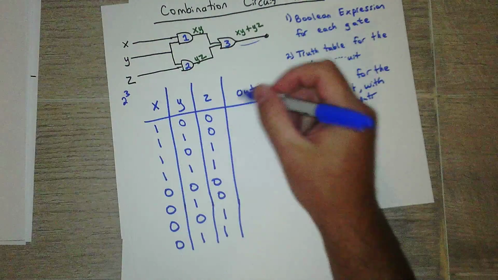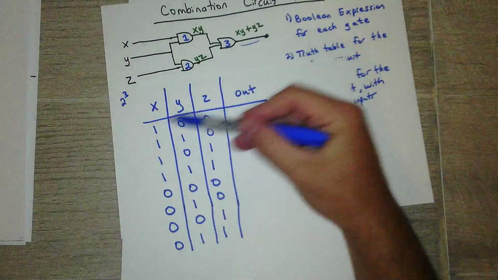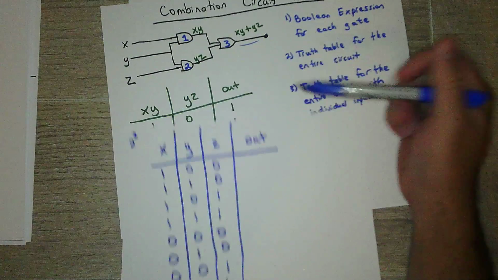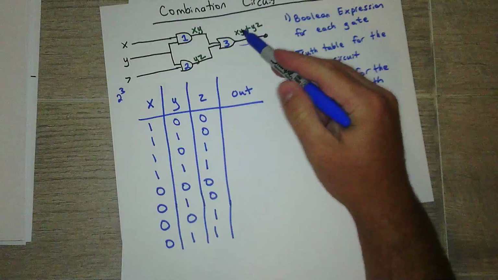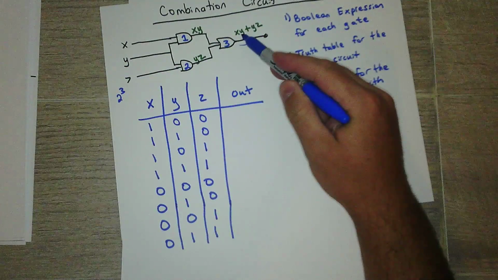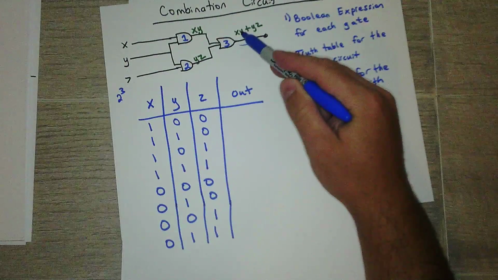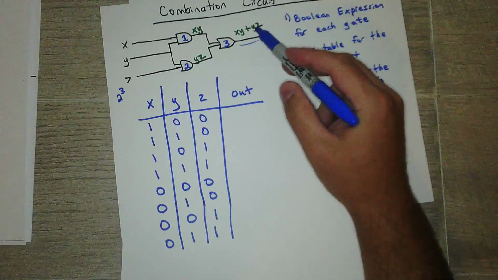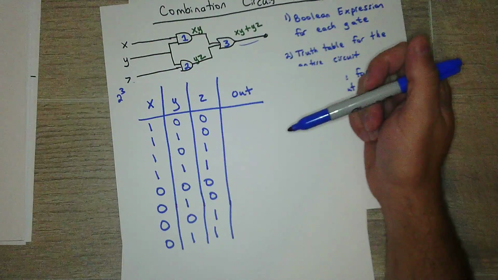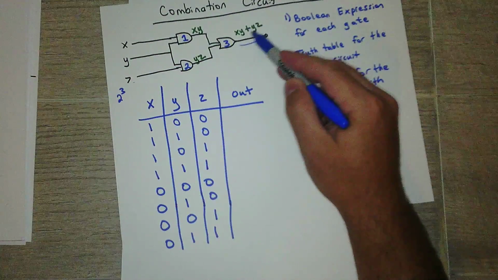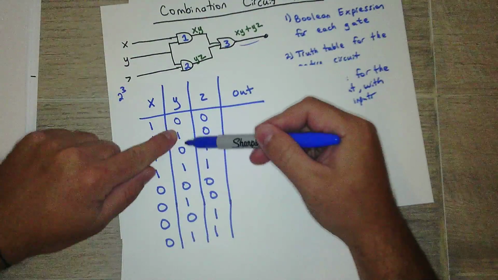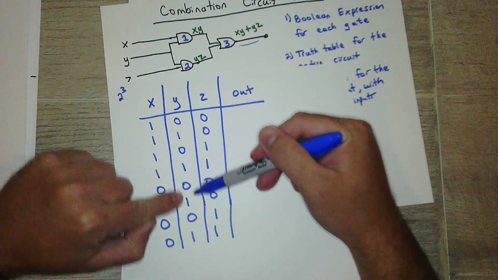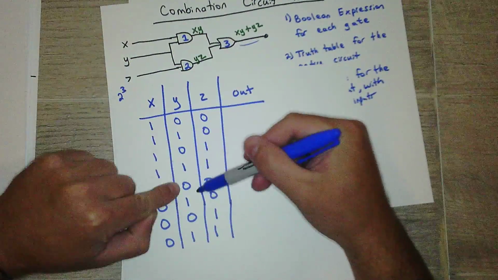So the output is the same thing, but now we're looking at individual inputs rather than combinational inputs. The output is on when X and Y is on, or Y and Z is on. So basically, what's similar is Y has to be on. If you look at anywhere Y is on, that's the only time the output might possibly be on.